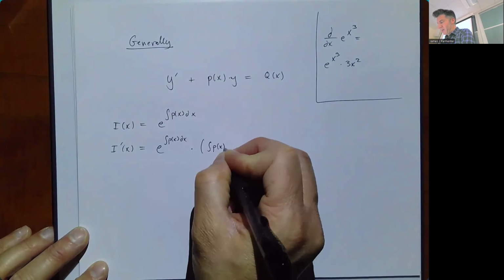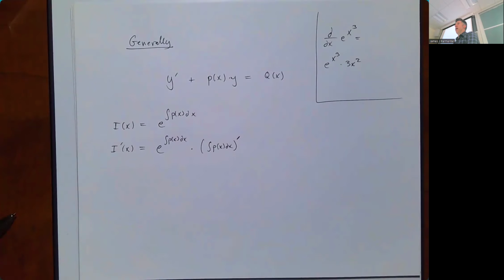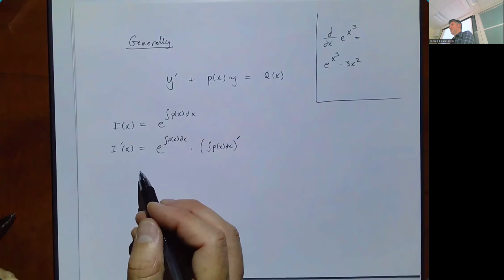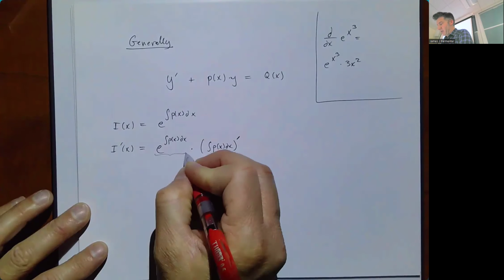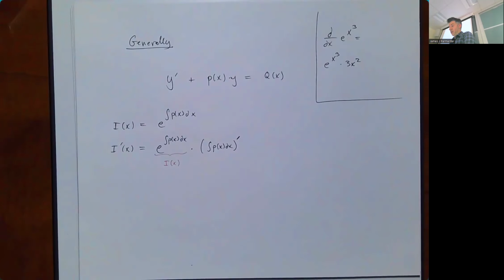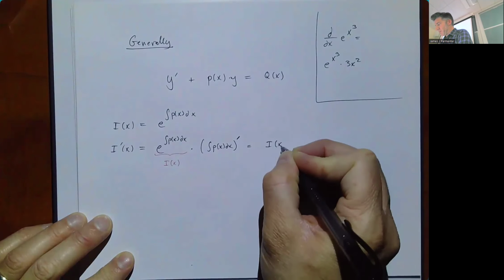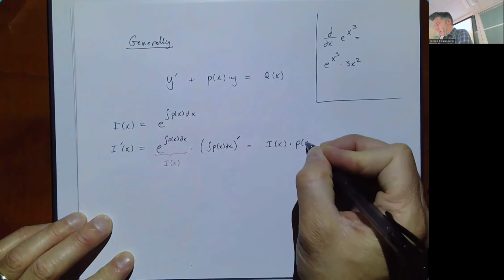What's the derivative of the antiderivative of p of x? P of x. So watch how I write this for a second. This e to the integral of p of x here is just the integrating factor. It's itself. So this ends up being the integrating factor times the derivative of the integral, which is p of x.